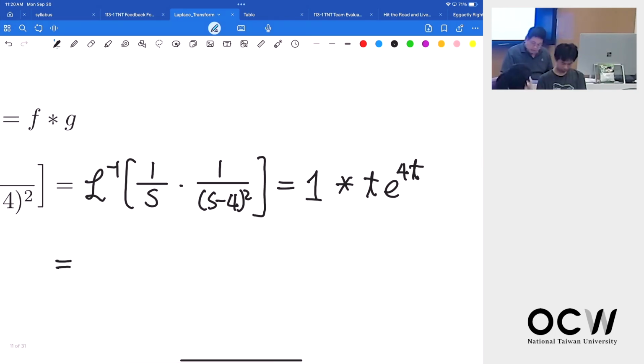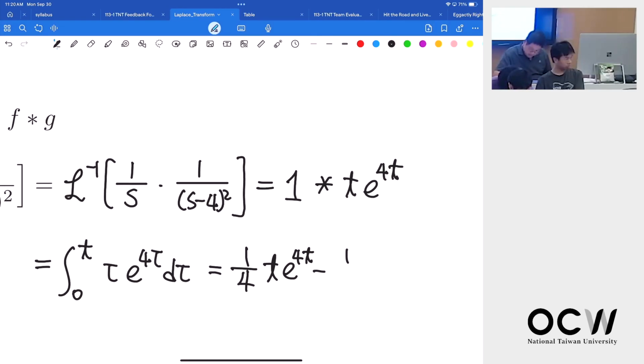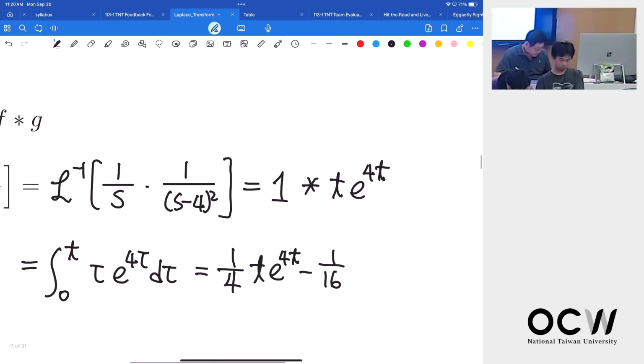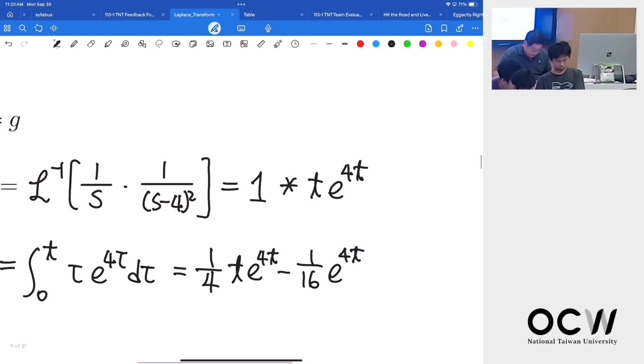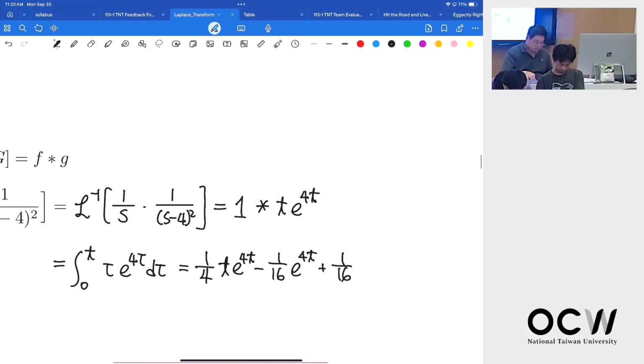And then in the time domain, using the definition of the convolution, you will get 1 over 4 times t e to the 4t minus 1 over 16 e to the 4t plus 1 over 16. Any questions for this one?